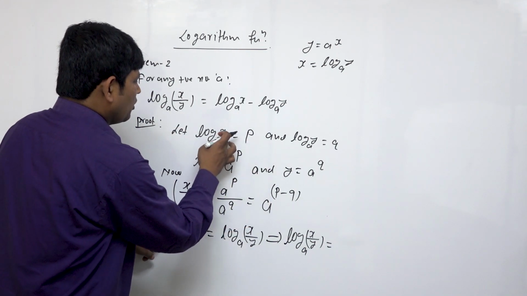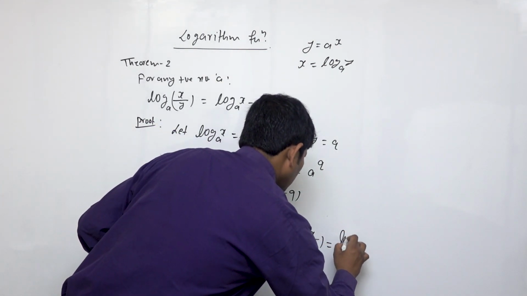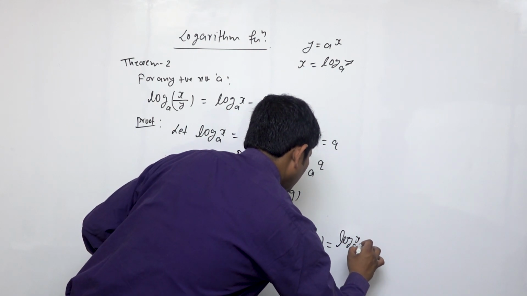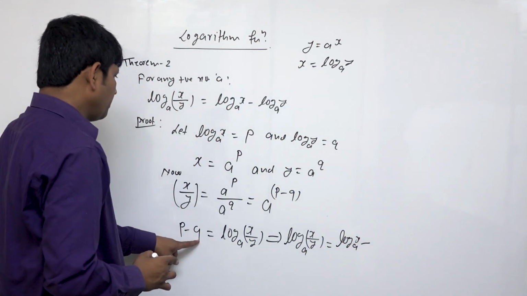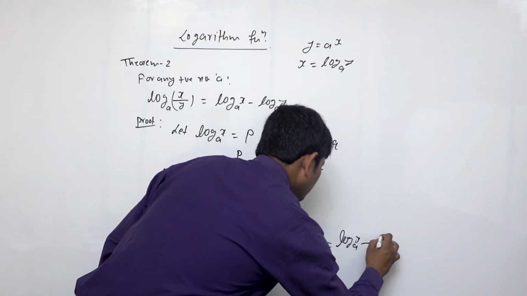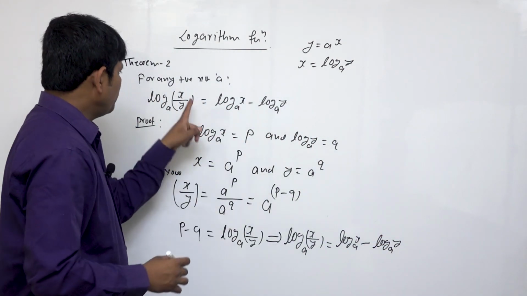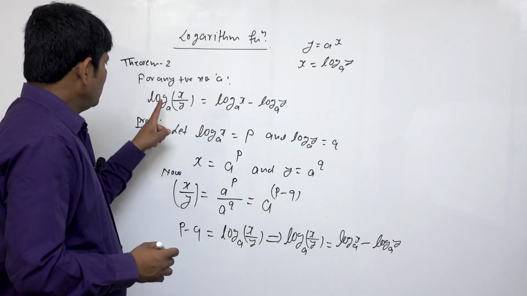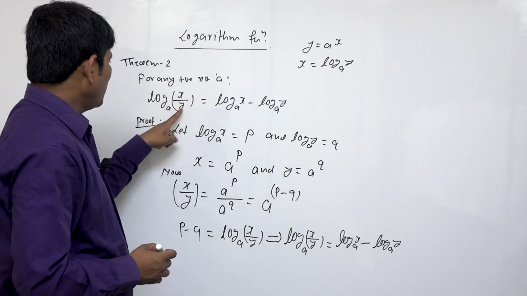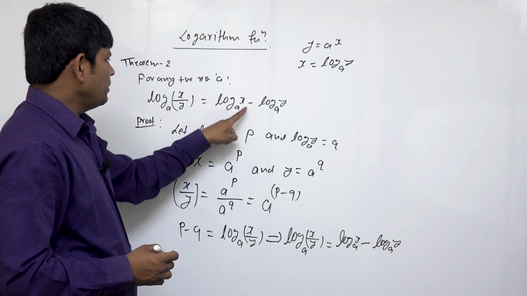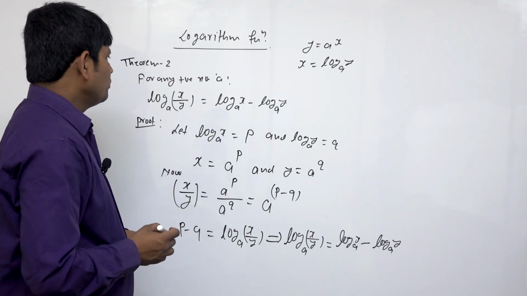What is p? p is log of x to the base a. Minus q, log of y to the base a. So this way we can prove the quotient rule: log of x over y to the base a is equal to log of x to the base a minus log of y to the base a.